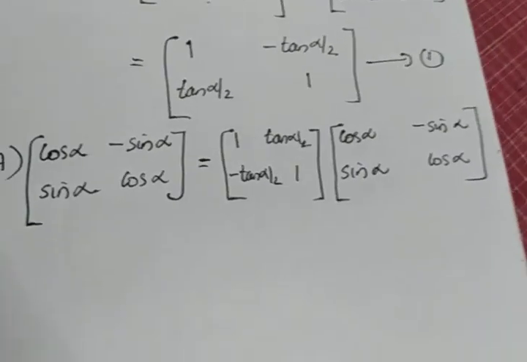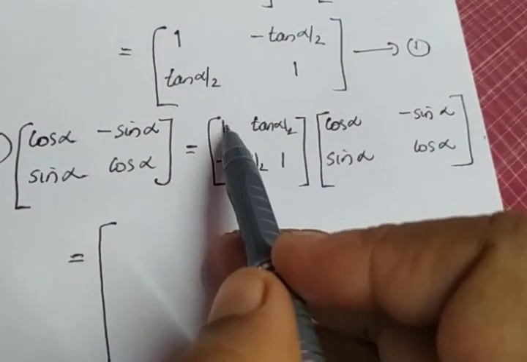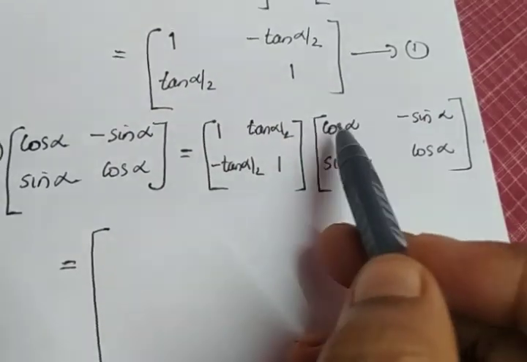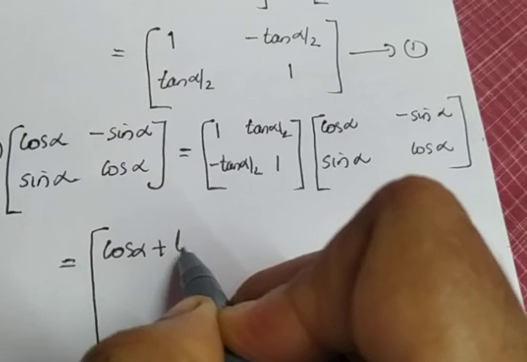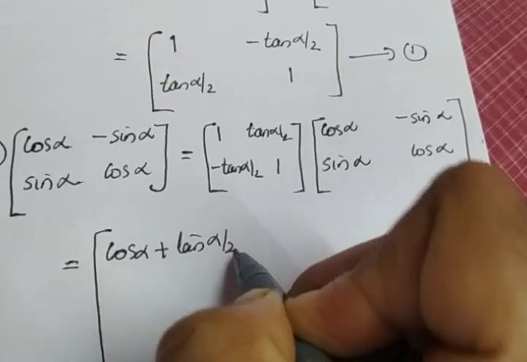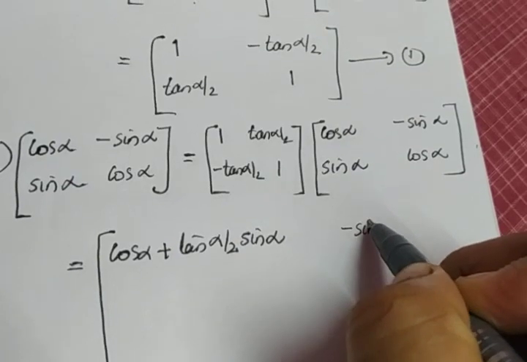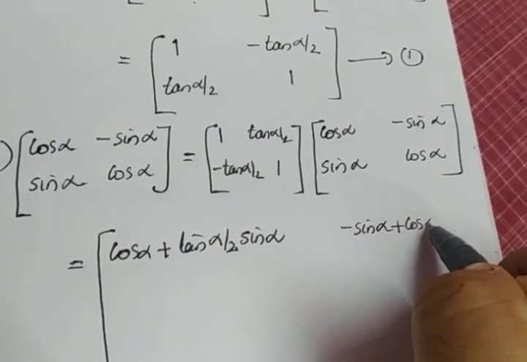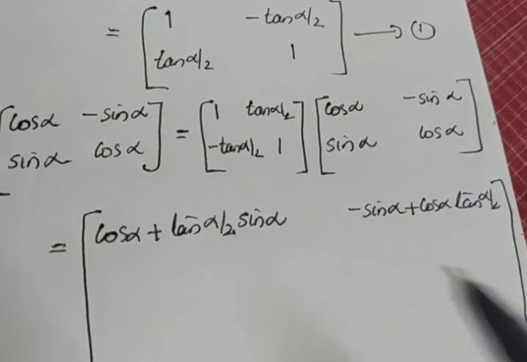So we have to do the multiplication, the usual multiplication. So first row into first column: 1 into cos alpha is cos alpha plus tan alpha by 2 into sin alpha. That will be the first term. Second term is minus sin alpha plus cos alpha into tan alpha by 2. What about the second row?